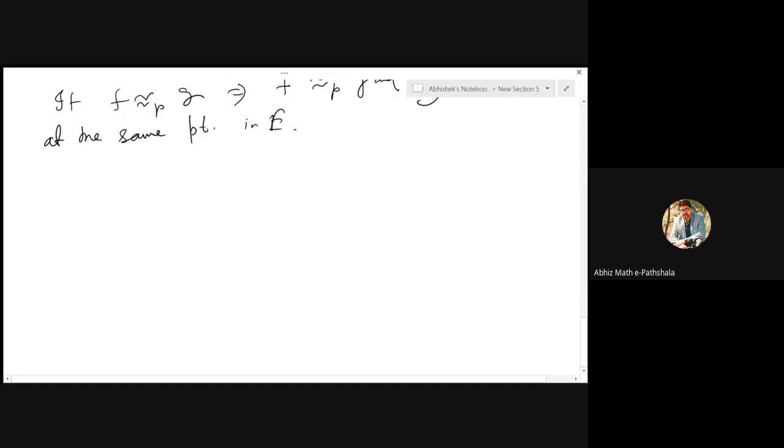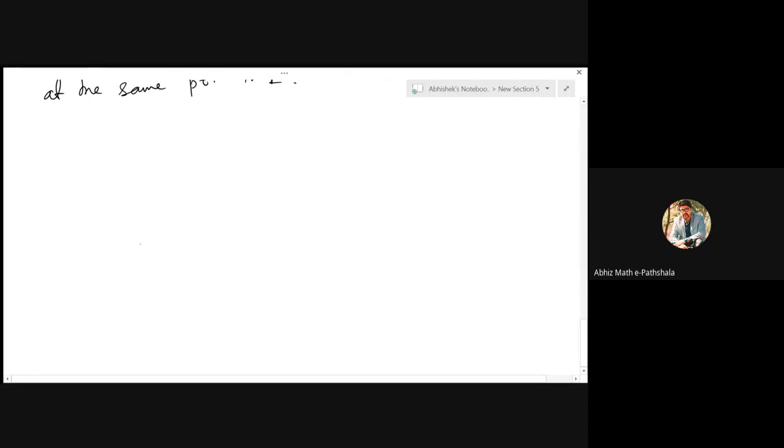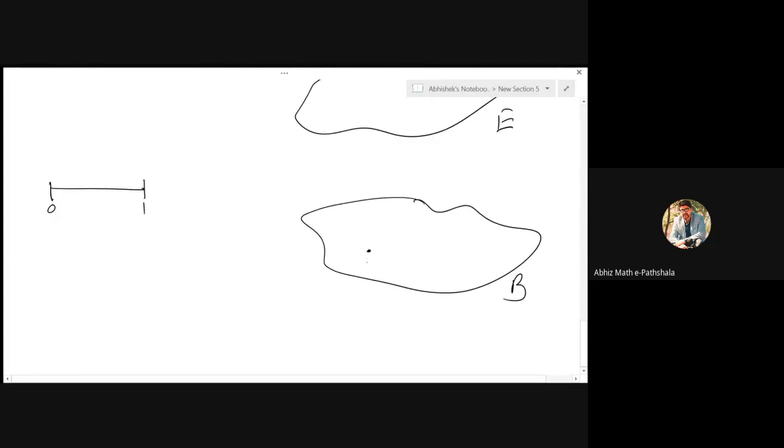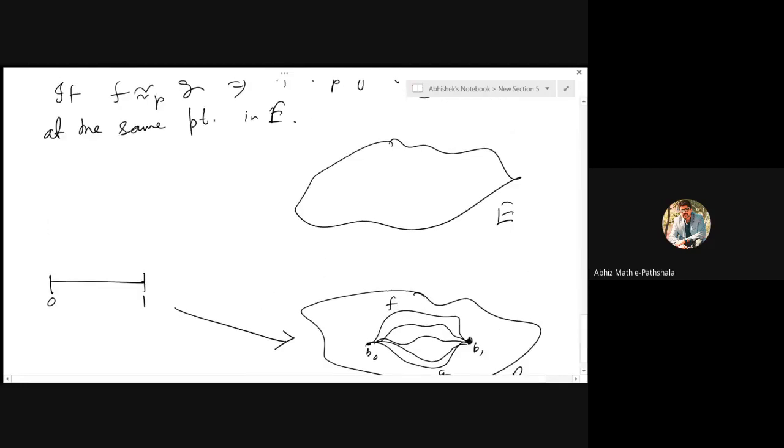So that means, if you have a segment like this, and suppose this is your B and this is your E, and you have two paths from B0 to B1, this is your F and this is your G. If F and G are path homotopic, then what will happen to their liftings? Their liftings F tilde and G tilde will end at the same point.